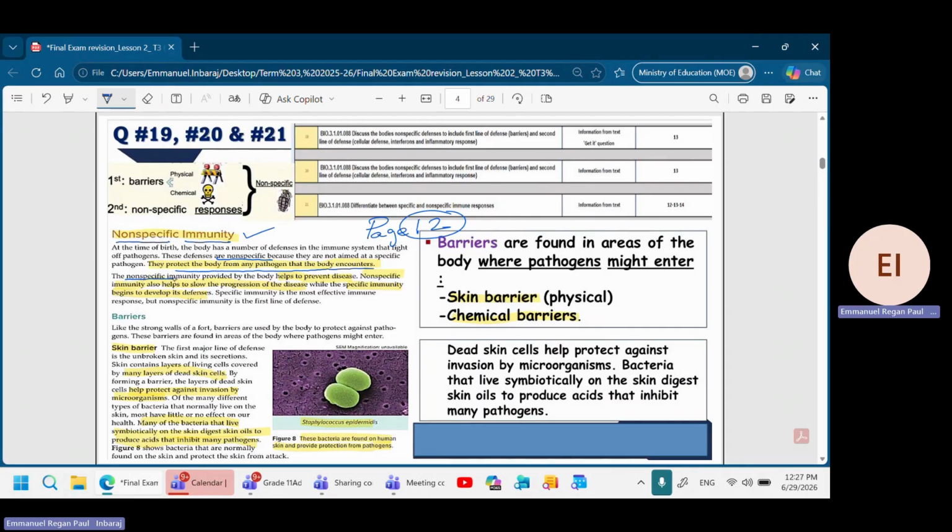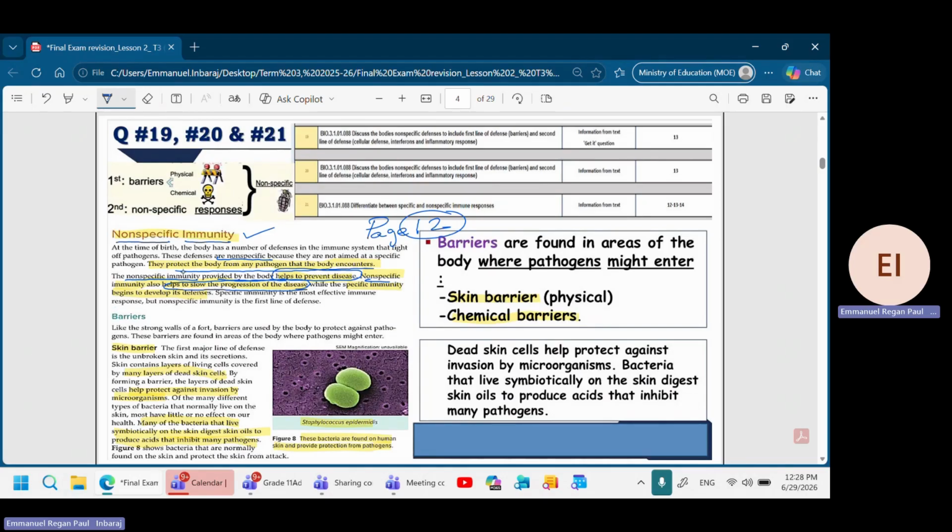Why does it take place? The non-specific immunity provided by the body helps to prevent diseases. And it also helps to slow the progression of a disease, very important, to reduce the speed of the disease.